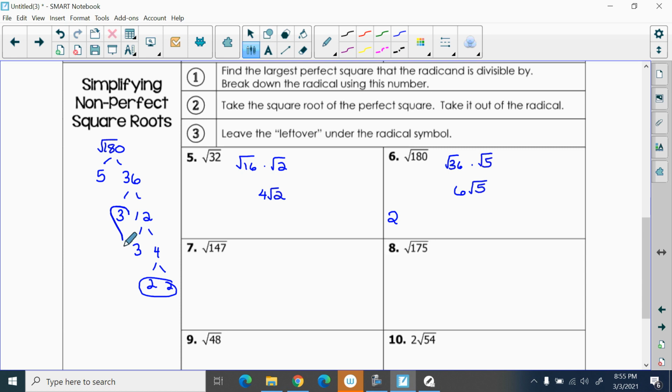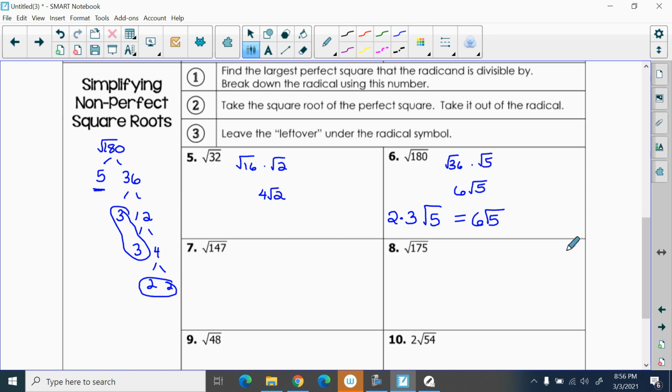Then there's 2 3s right here, okay? So they're going to go in a 3-car. So anything I take out, I multiply, and anything I leave in, I multiply too. Now, what I mean by leave in is this guy doesn't have any friends, right? So this guy stays in the house for the evening. So that now simplifies to 6 times the square root of 5.